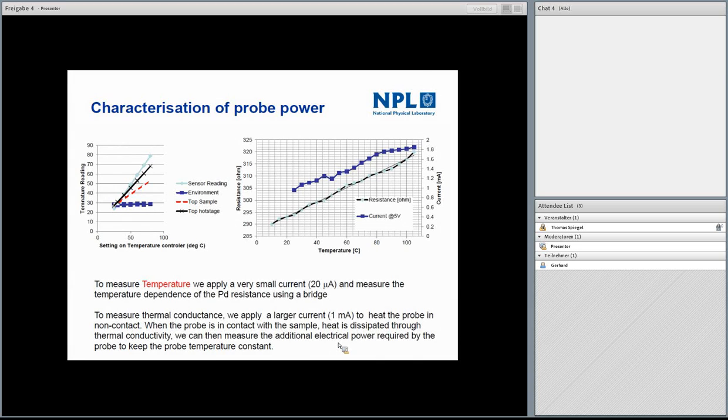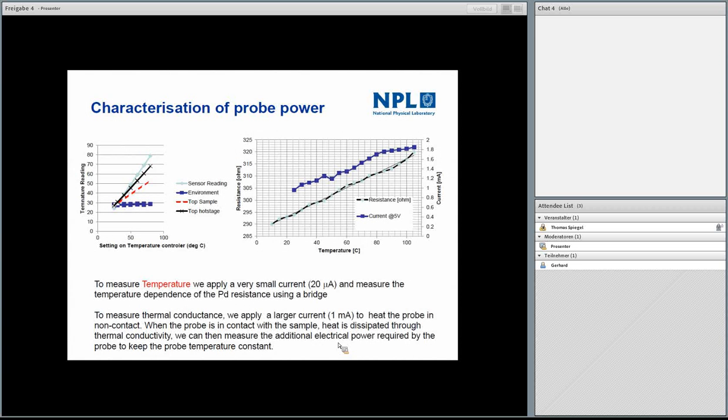So now we measure the additional electrical power you need to put inside the tip to compensate for this heat loss, and this is proportional to the thermal conductance of the sample. Again, I don't want to talk about thermal conductivity because of this relation with the contact radius.